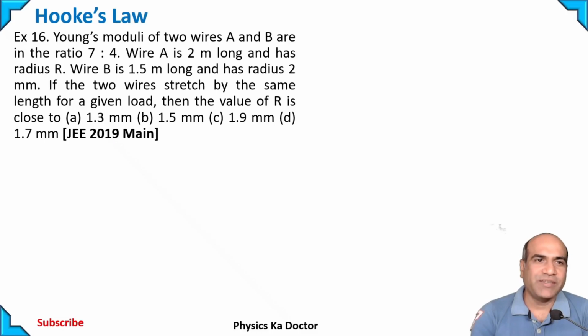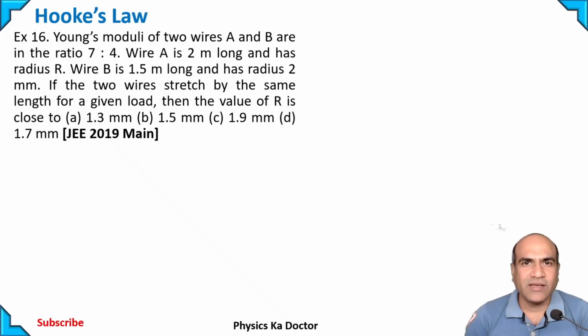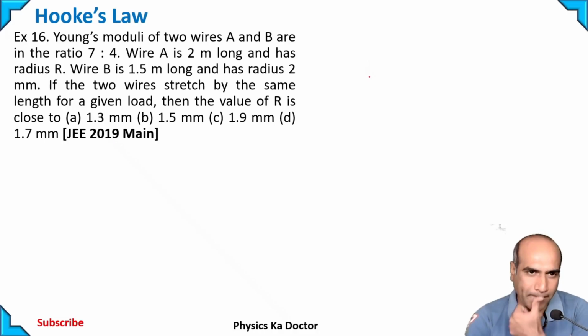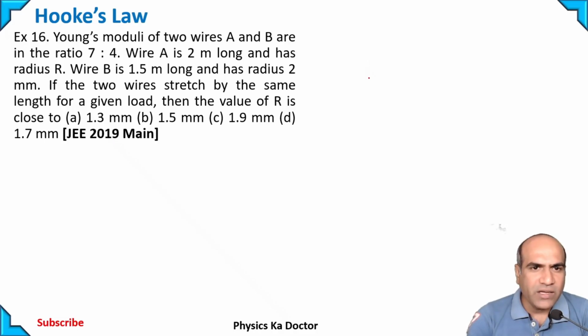Example number 16. This example was asked in JEE 2019. Why don't you pause the video and solve this example by yourself? Young's modulus of two wires A and B are in the ratio of 7 to 4. Wire A is 2 meter long and has radius R. Wire B is 1.5 meter long and has radius 2 millimeter.